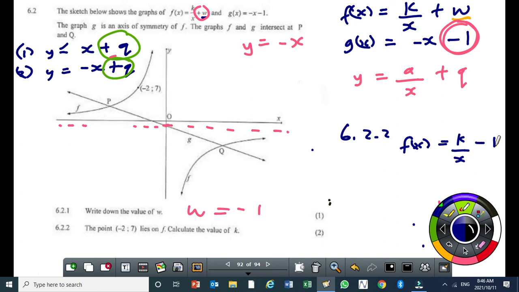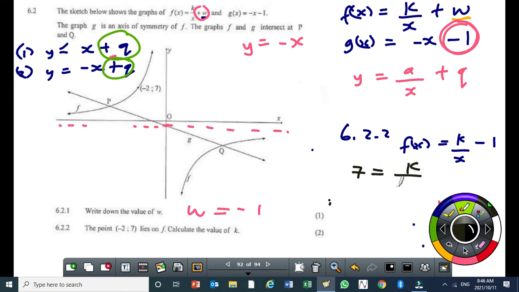So when you are answering questions like this, you must use common sense. Don't just do a calculation without asking yourself questions. When I calculate this value of k, I must not get a positive answer. It has to be negative because the graph is telling me so. Where there is y, I'll put 7. Where there is k, I'll put k.